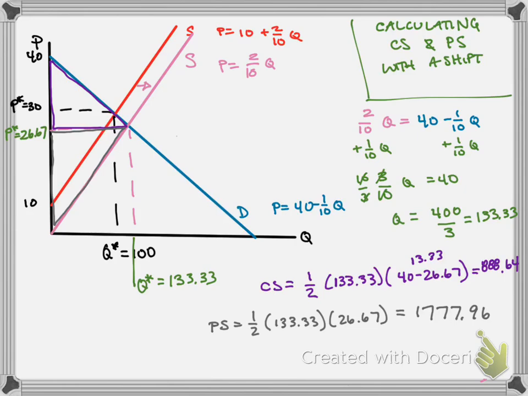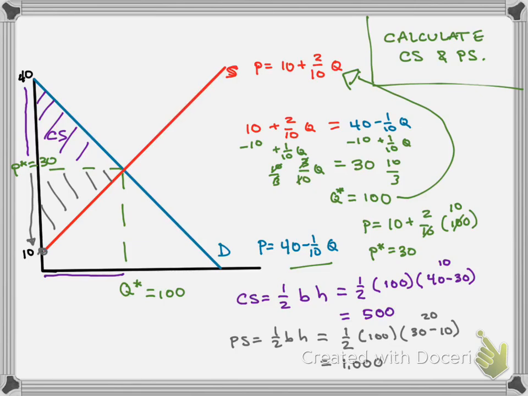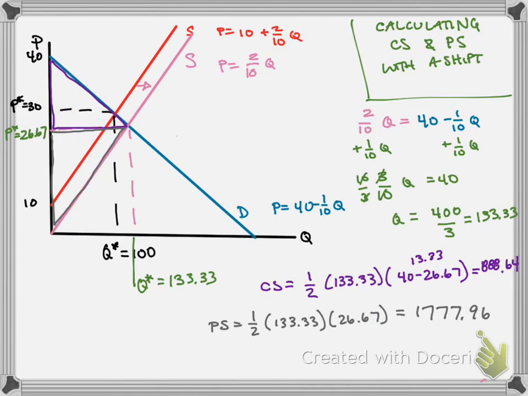Now, one thing to note from this, notice that from our previous example, consumer surplus was 500 and producer surplus was 1,000. Both of them went up. So notice that we have consumer surplus in two different categories. Consumer surplus with the lower price has this area right here.